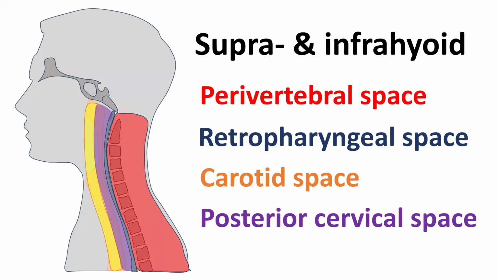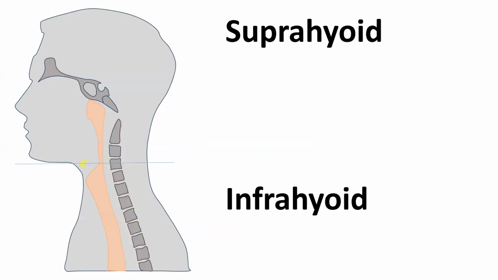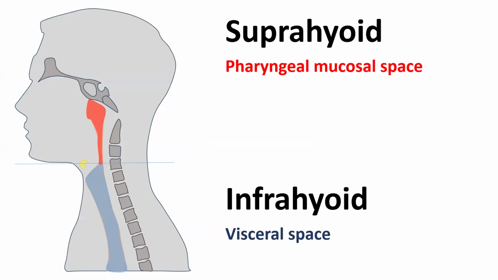It's the same space. Then we have seen spaces that are strictly present in the suprahyoid neck and the infrahyoid neck. A bit strange, probably, is that we make a distinction between the pharyngeal mucosal space in the suprahyoid neck and the visceral space in the infrahyoid neck, despite the fact that these are, anatomically speaking, continuous with one another. Nevertheless, this distinction is made in the literature, and I will follow it in this presentation.